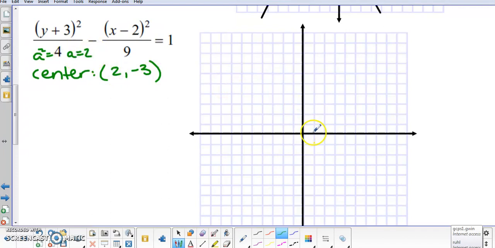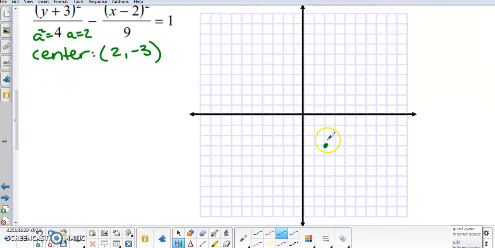So let's go ahead and go to our center at (2, -3). And then my a being 2, and that's underneath the y, so I'm going up and down 2. Up 2, down 2. And then here I've got my b squared equals 9, so my b equals 3. So I'm going to go right 3 and left 3.